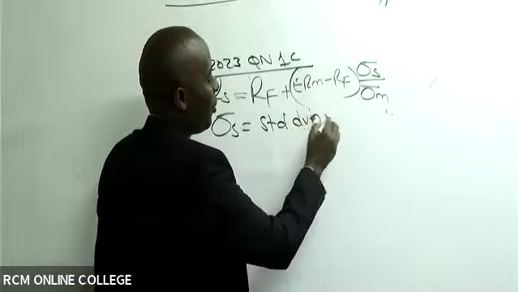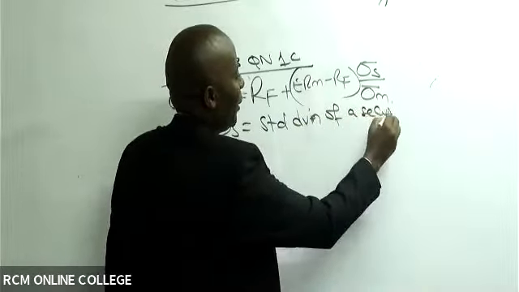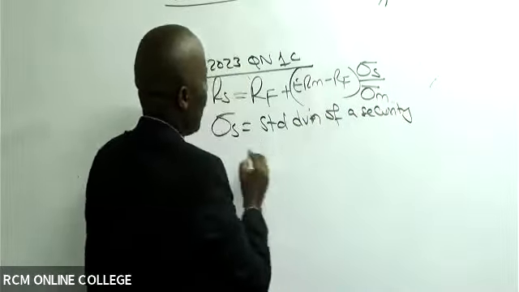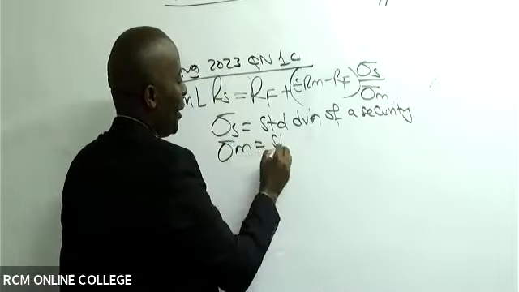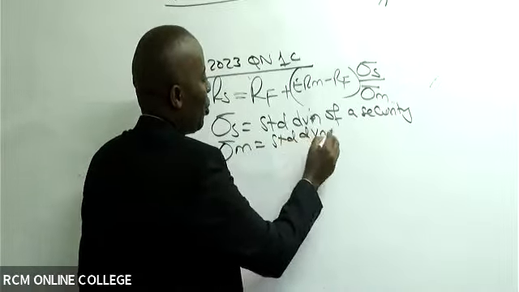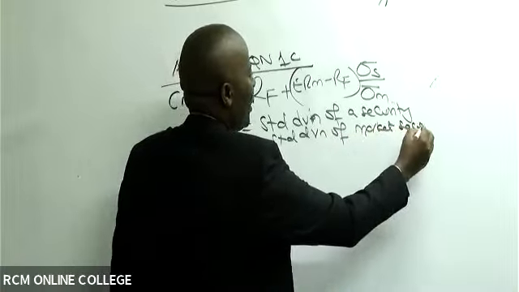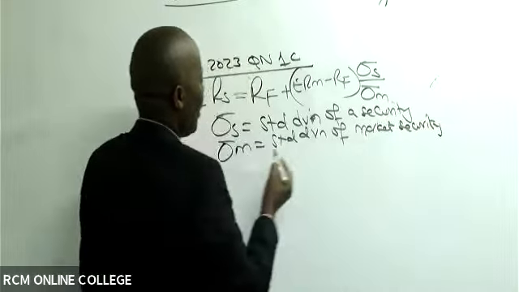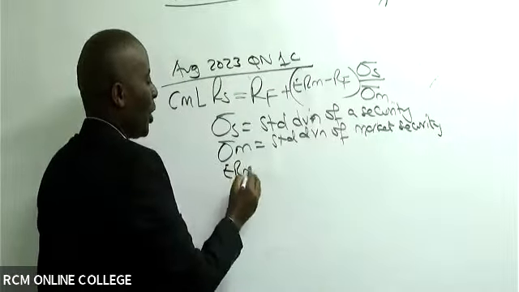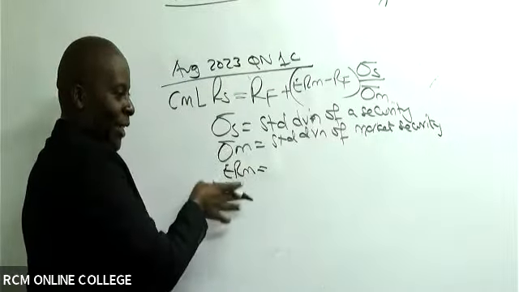So, of course, this is what we call standard deviation of a security. And then we have standard deviation of market, the benchmark security. For the sake of the online students, the physical guys, you don't have to write this.